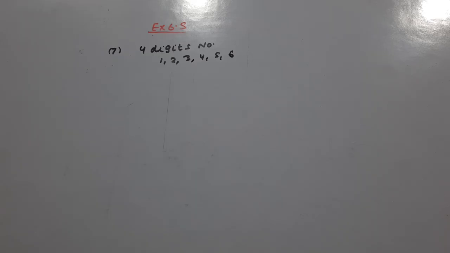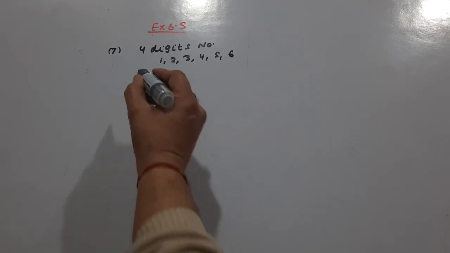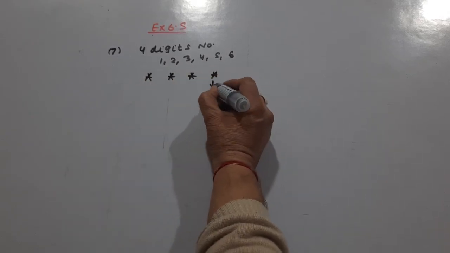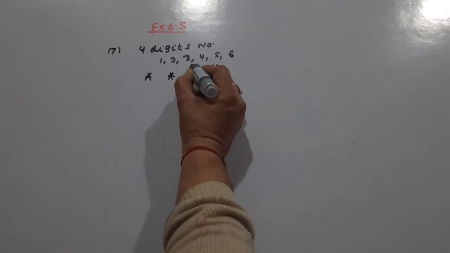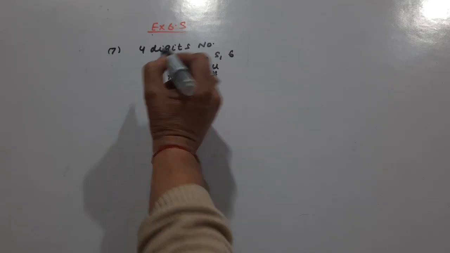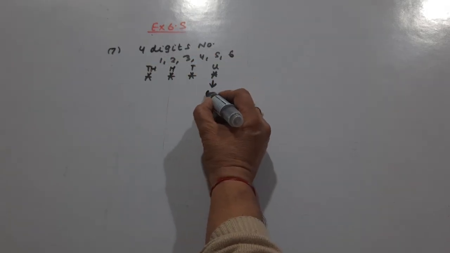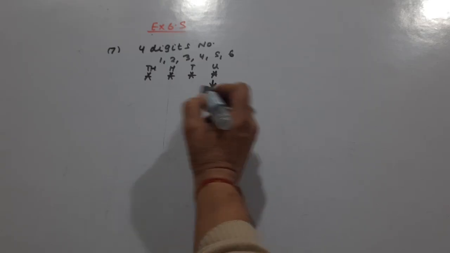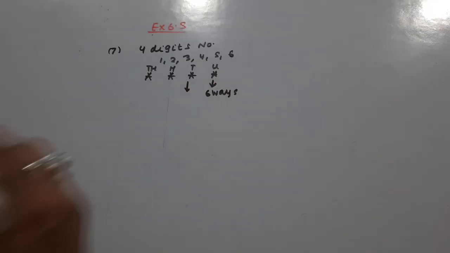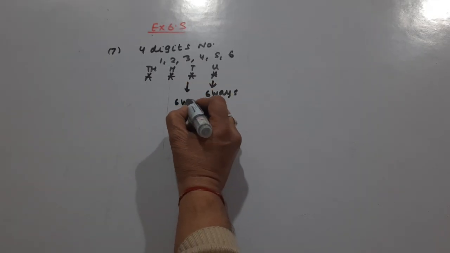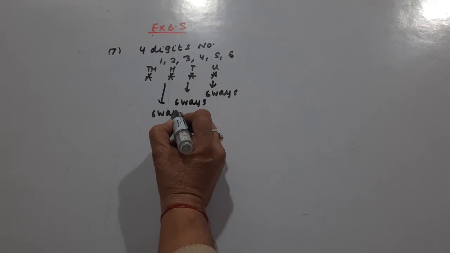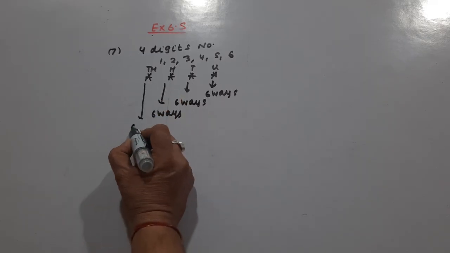So students, here we want to make a four-digit number. Now students, this is unit place, this is 10th place, this is 100 place, and this is 1000 place. Now unit place can be filled up in 6 ways by any one of the digits 1, 2, 3, 4, 5, 6, and because repetition is allowed, 10th place again can be filled up in 6 ways, 100 place in 6 ways, and 1000 place in 6 ways.